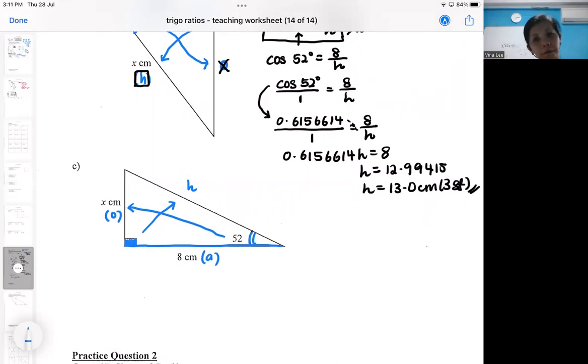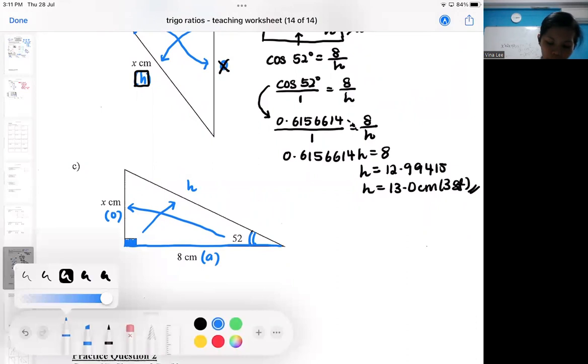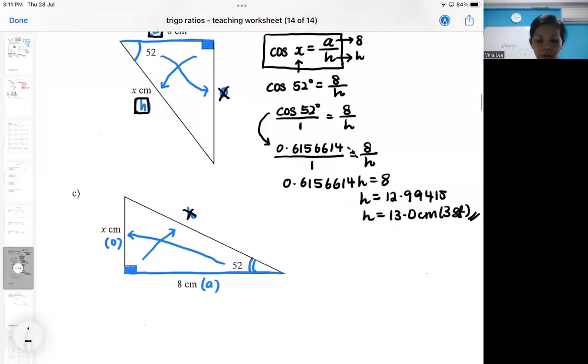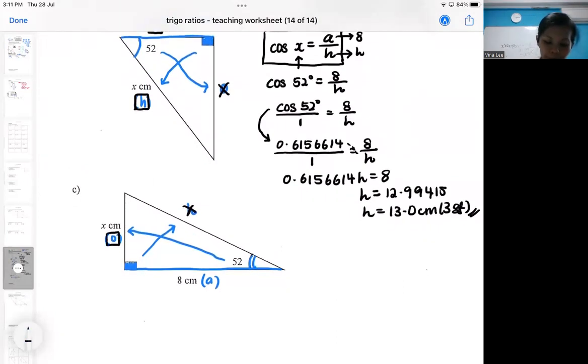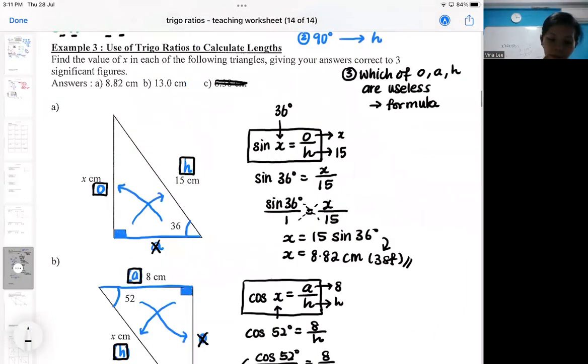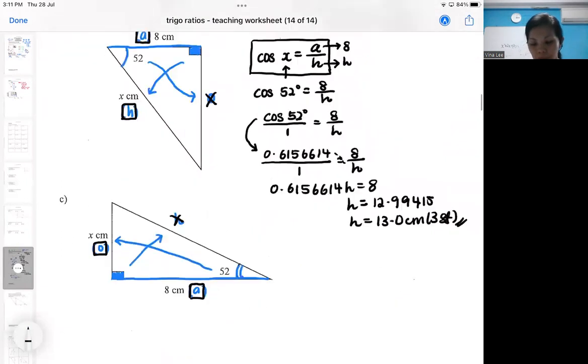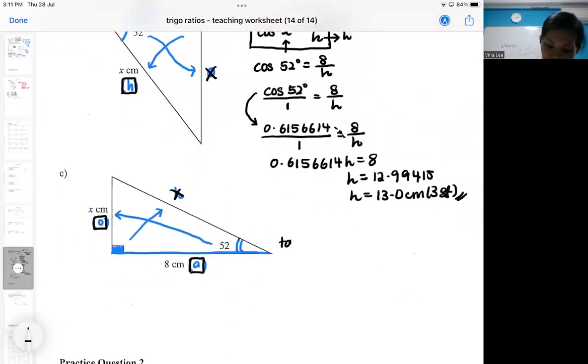So decide the 90 degree to tell you the H. Decide the angle. The angle will tell you the O and A. After that, we're going to find out who is useless. So H is useless. No algebra, no length. So I'm left with O and A. So that's the tangent formula. So write out the tangent formula.